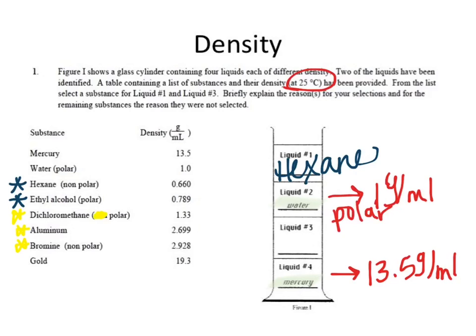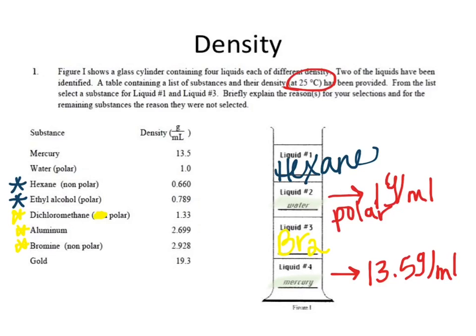Why do you say it's bromine? Because it's nonpolar, which means it's not going to mix with water. Why can't it be aluminum? It's a metal, which means at room temperature, it is a solid.